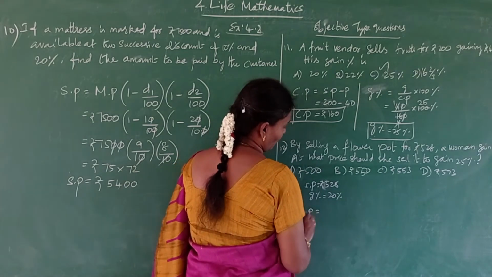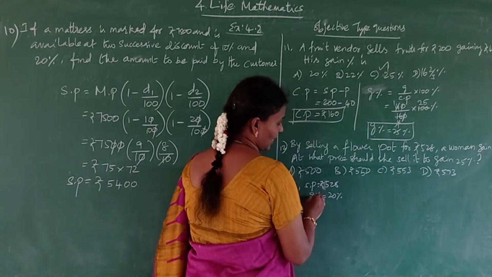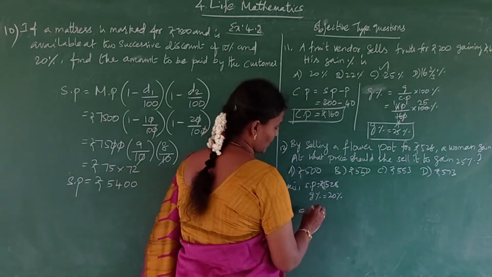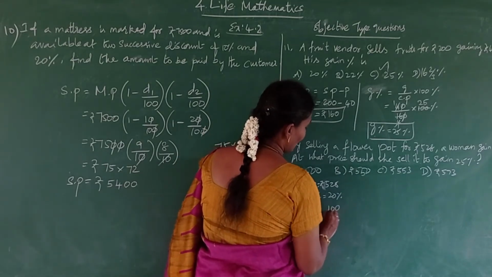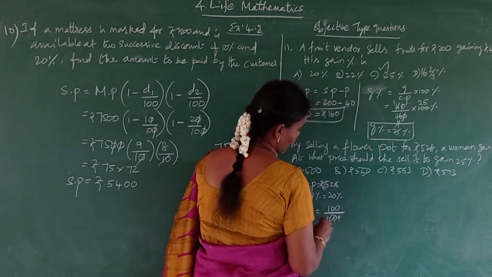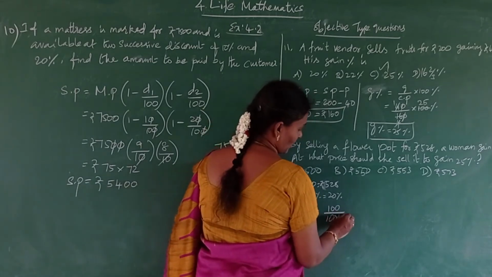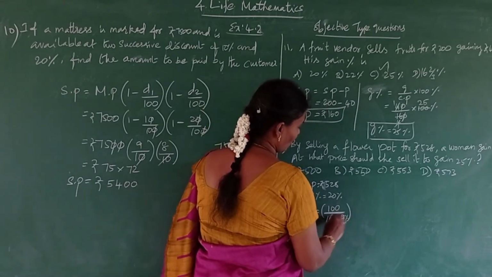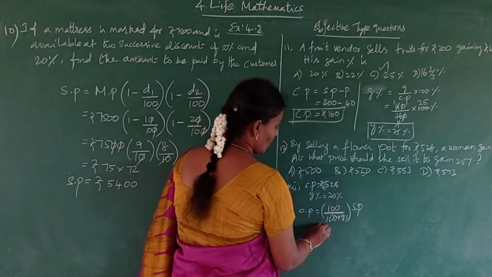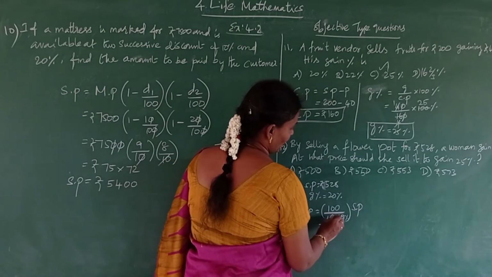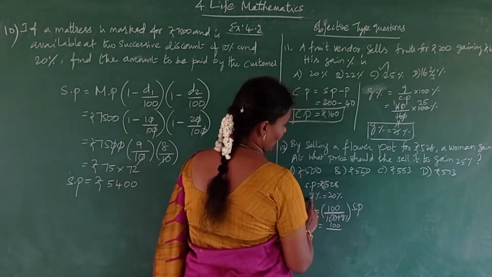Okay, now find out the cost price. You know already the formula. Selling price and gain is given. Find out the cost price. CP is equal to 100 by 100 plus gain percentage of SP. Okay, so 100 by, here gain is 20.